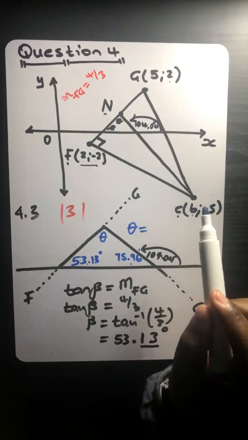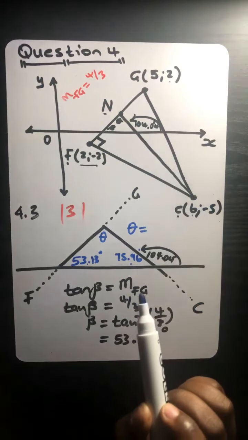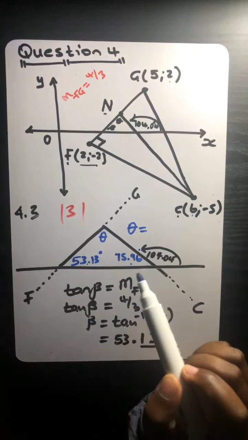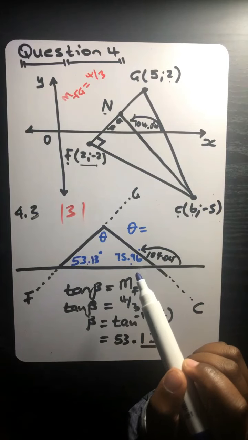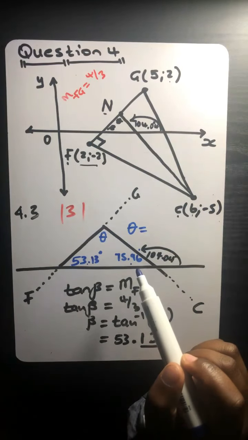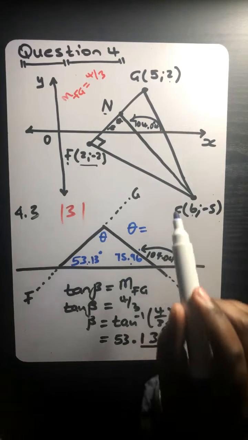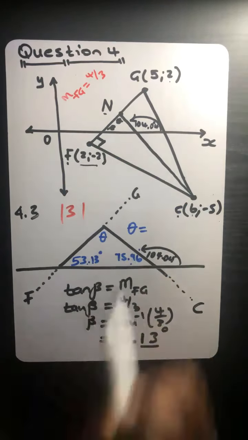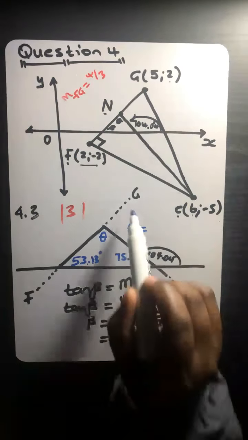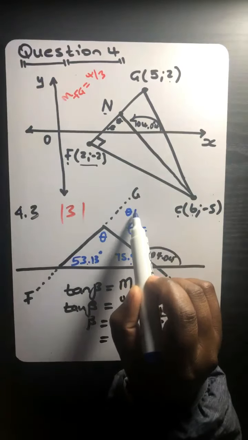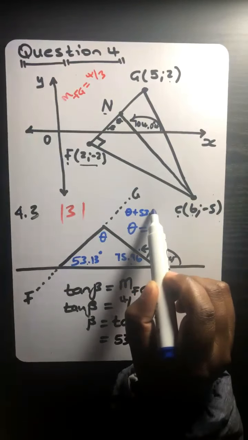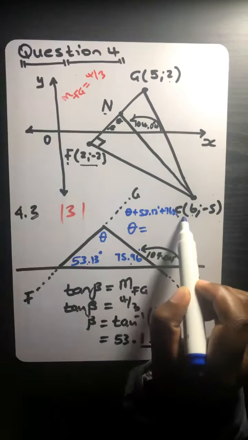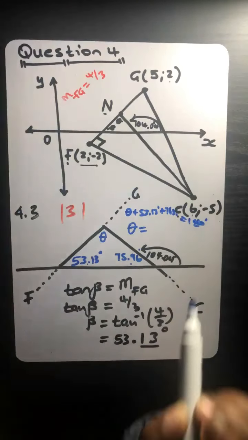Remember, guys, just like she's explaining, the sum of the interior angles of a triangle is equal to 180 degrees. So it's more like this angle plus that angle is equal to 180. So you have theta plus 53,13 plus 75,96 is equal to 180 degrees.